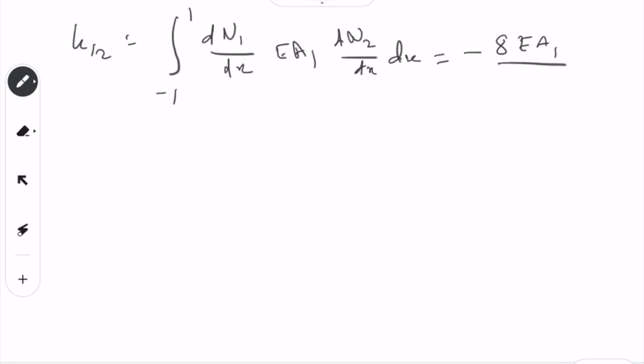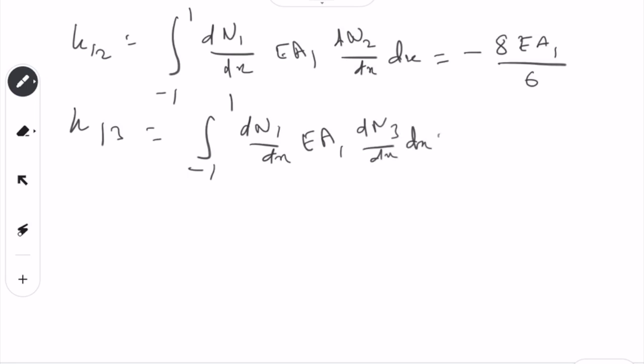Similarly K13 will be equal to the integral from minus 1 to 1 of dn1 dx EA1 dn3 dx. If we do it, what we will get is simply EA1 over 6.